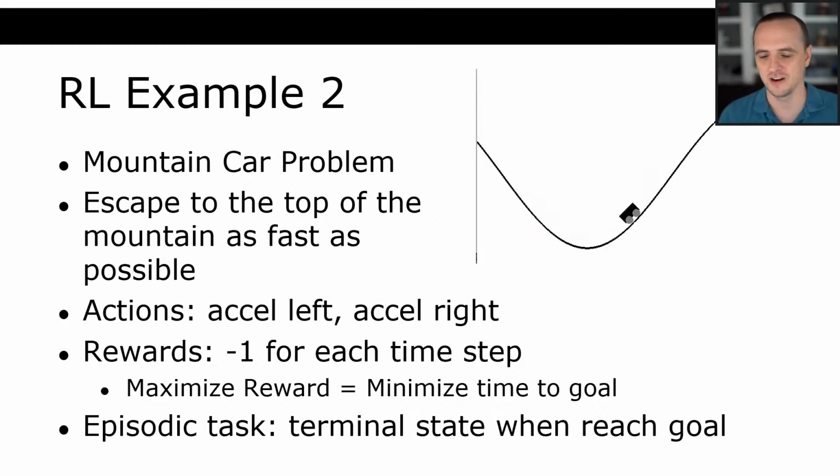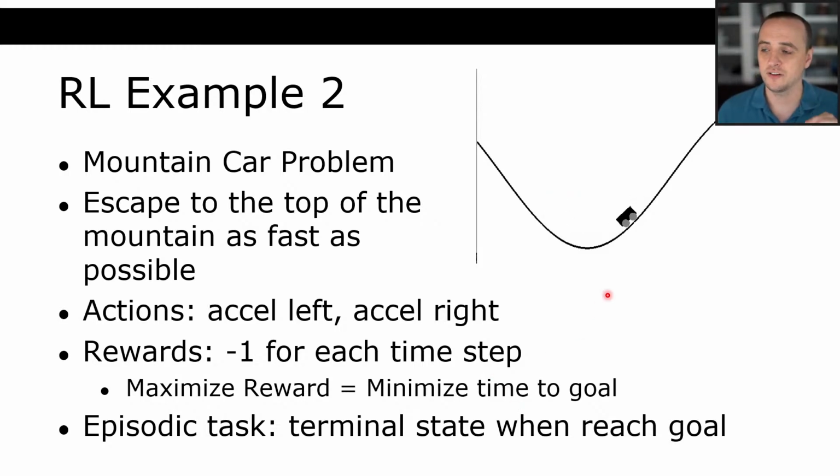I know the graphics are not as good, but if you just apply the gas, you are not going to be able to get up this hill because your engine isn't strong enough. But if you apply the gas, and then as you're coming downward, you apply the reverse, and then as you're coming downward again, you apply the gas, it's almost like being on a swing, right? You push in the direction that you're going, and you can eventually get out of this hill. So you can either accelerate to the left or accelerate to the right, or backwards or forwards, however you want to view this problem.